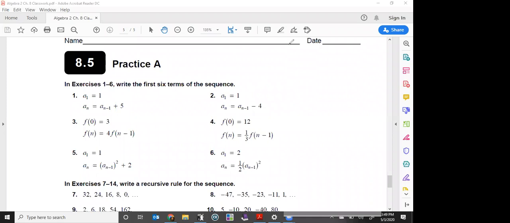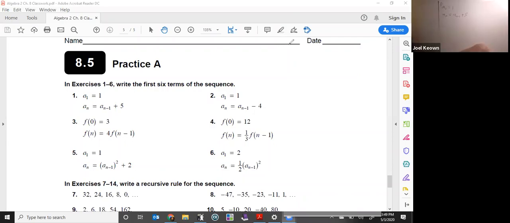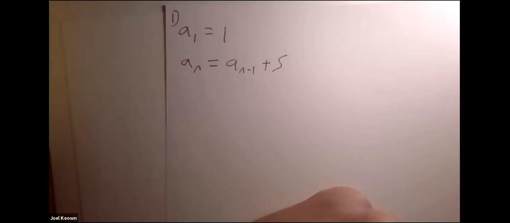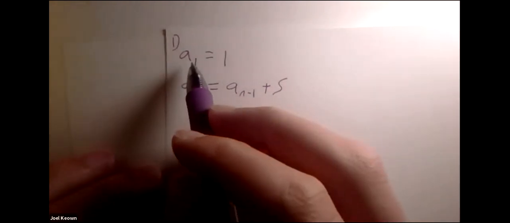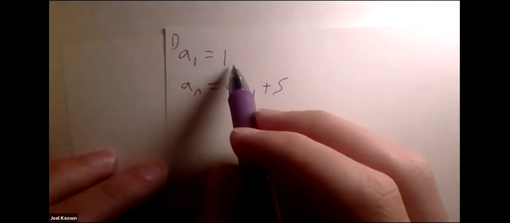Okay. So I have that right here. Let's see if we can do it with number 1. So I have a sub 1 is 1, that means my first term is 1.